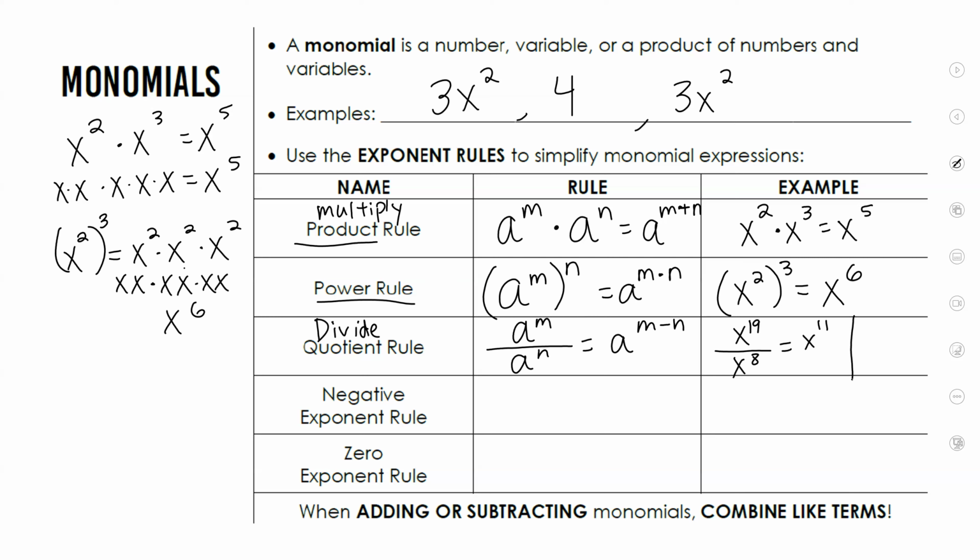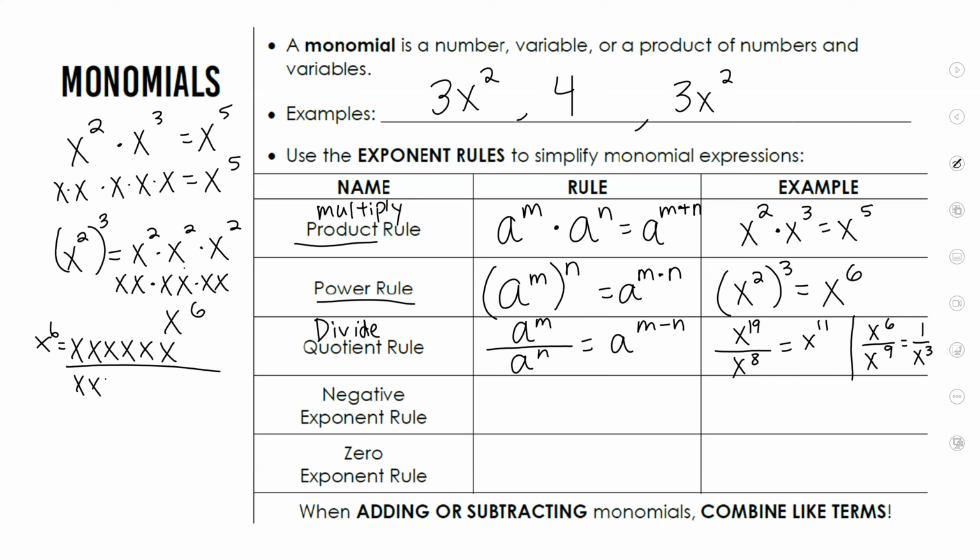Another example, let's do x to the 6 over x to the 9. This would be 1 over x to the 3. The difference between 6 and 9 is 3. It's going to be in the denominator. And the reason why, I'll draw you a picture. X to the power of 6, that's 6 x's on top.